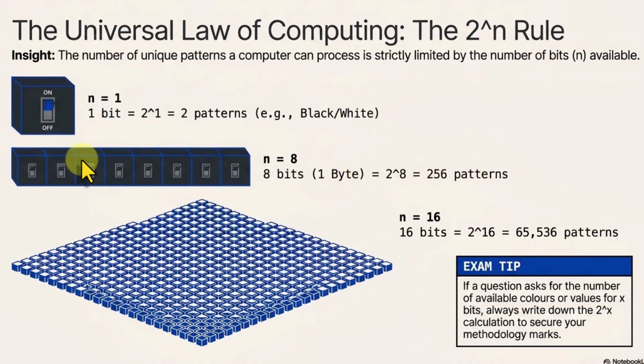So we can store 256 different patterns in 8 bits. And if our n is 16, so 2 to the power of 16, we can have 65,536 different patterns. If we increase n, this number will grow much larger, but again it is finite, okay? So we can have limited variations of data here.